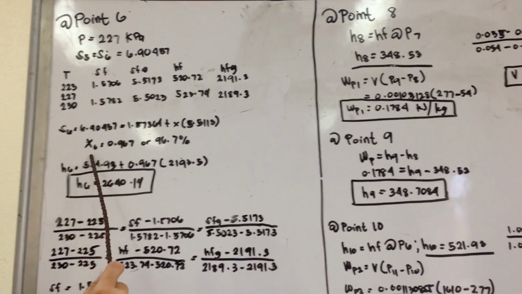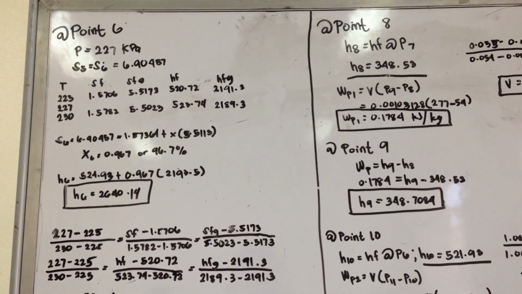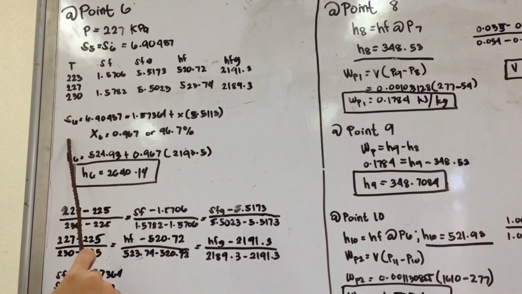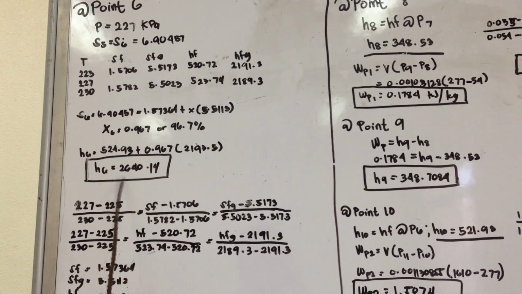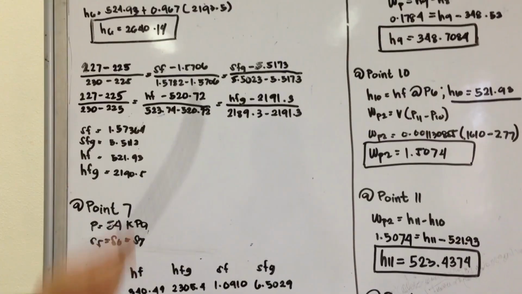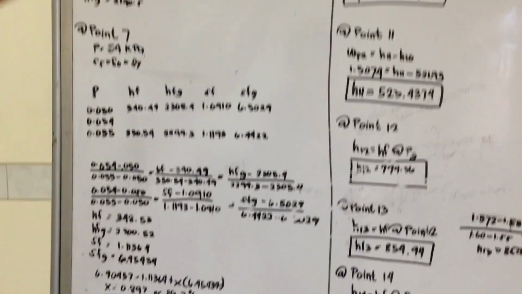So we can get 96.7%. And also using again the formula to get H6, H6 will be 2640.14. So at point 7, the same process as point 6. They have just the same process. And we will go now to point 8.